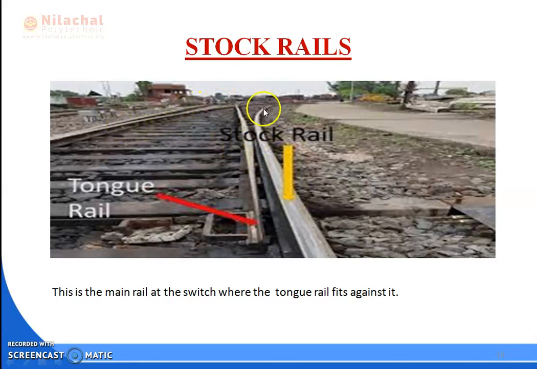See here, the main rail is going in this direction, and this tongue rail which is provided inside the track is going in this direction. This is only used for changing the direction of the train. So whenever the main rail and the tongue rail are connected with the help of your switches, this is called your stock rail, which is basically used for changing the direction.